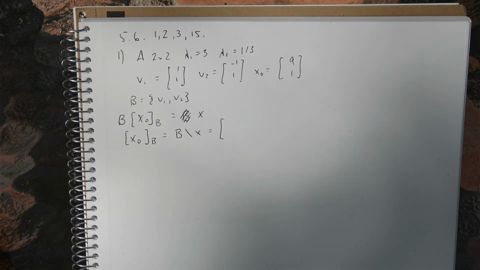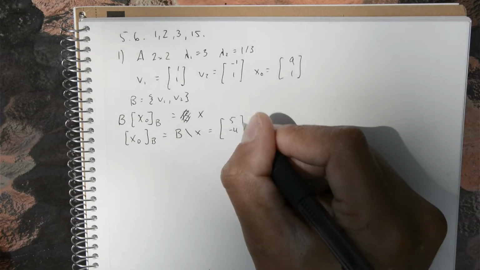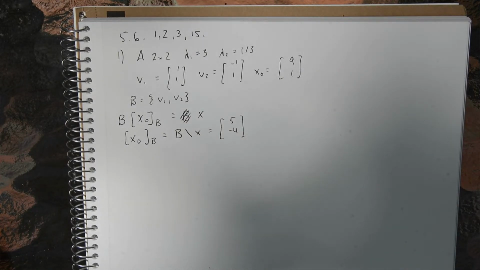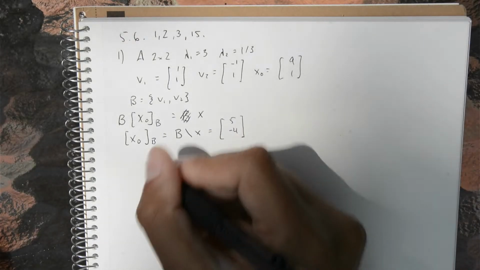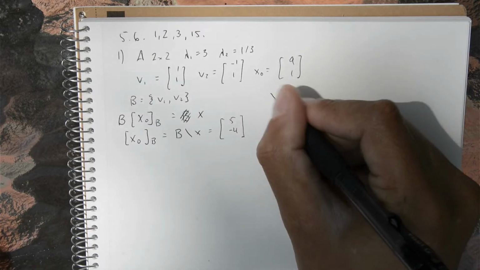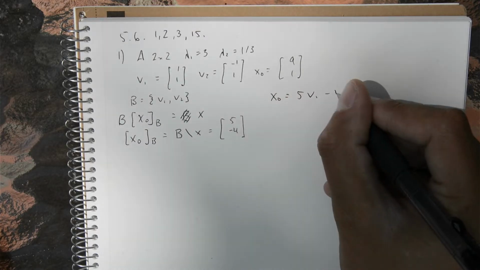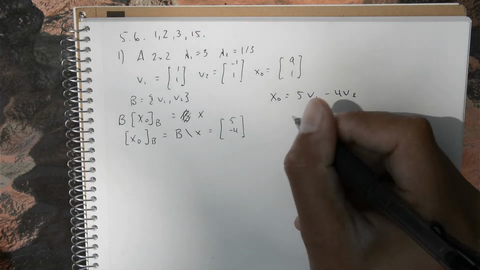Let me just go look. We got 5, minus 4. So what that means is that we can write X0 is equal to 5V1 minus 4V2.